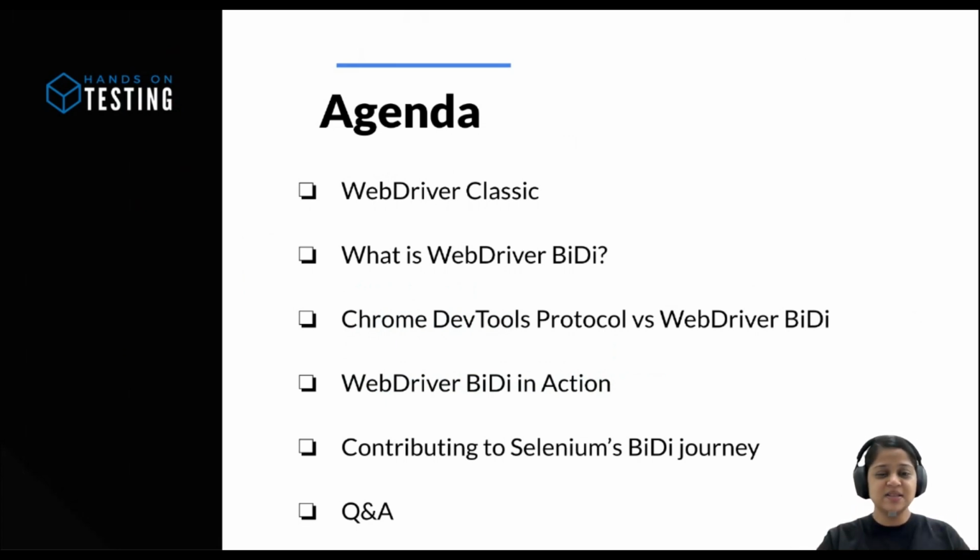And then move on to bust some myths about Chrome DevTools protocol and WebDriver BiDi. How are they different or how are they similar in their own way? And then comes the exciting time, because you might get bored of listening to me for 20, 30 odd minutes probably. So we move on to the demo side of things and we conclude with the part where I tell you how you can help us, the open source project Selenium, and how you can contribute to this journey of ours in any way possible.